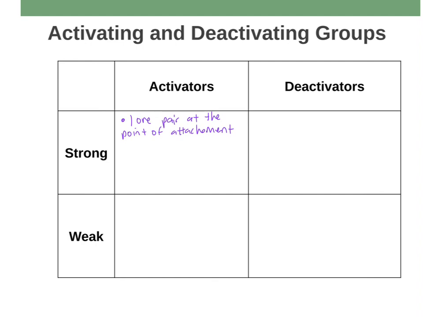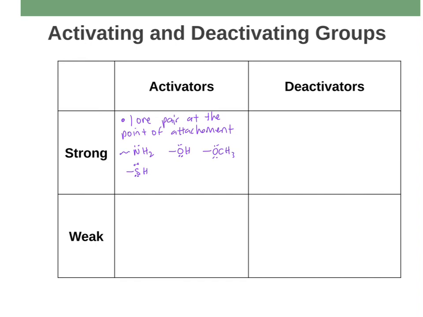So we're talking about groups like NH2 that have a lone pair and are attached to the ring. You could do OH, a phenol would be really activated, or OCH3, some sort of ether there. Sulfur containing things too. Most things with a lone pair at that point of attachment are going to be able to donate that in and activate that ring. So oxygen and nitrogen are the most common ones.